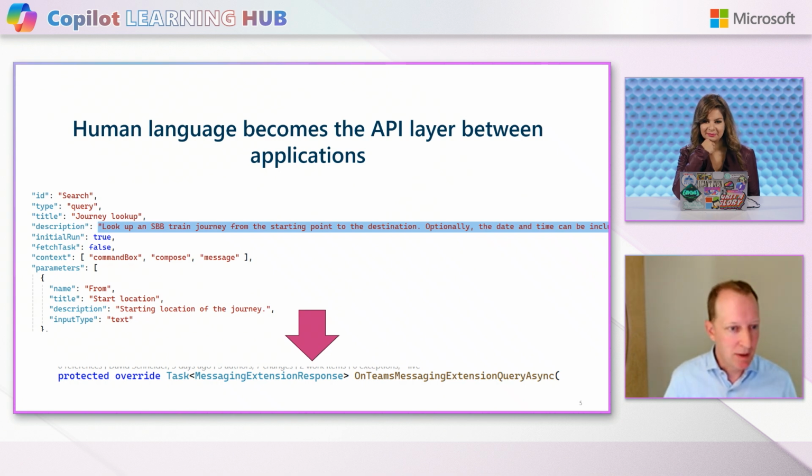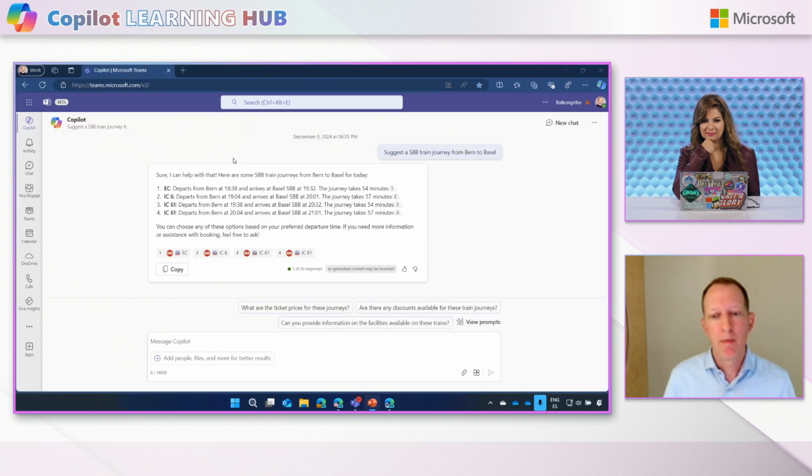And just based on my prompt, on the description of the plugin and the description of the parameters, Microsoft 365 Copilot is able to call the plugin and to get journey information back to the user. And with this kind of magic, you can imagine there's much more possible.